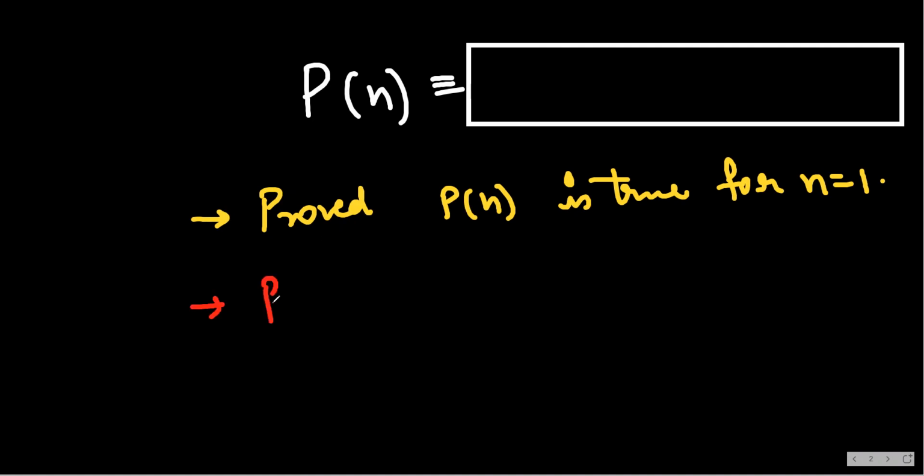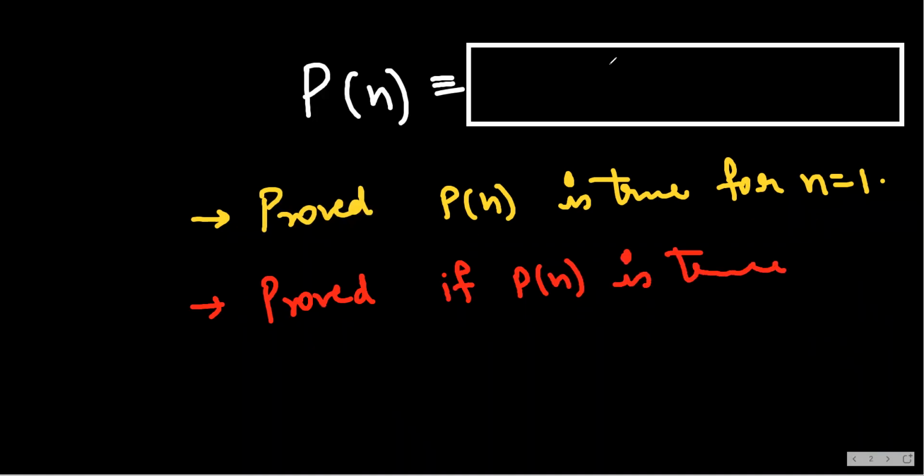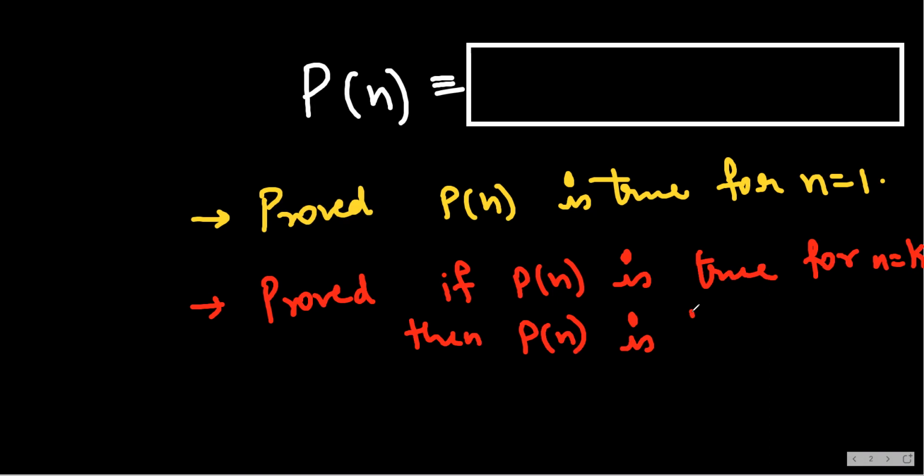See, what is the second stage? I prove: if P of n is true for n equals k, then P of n is true for n equals k plus 1.